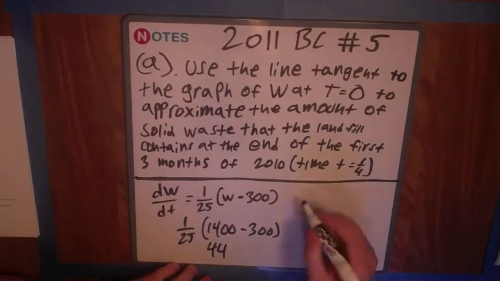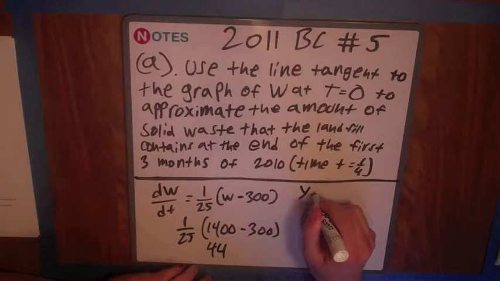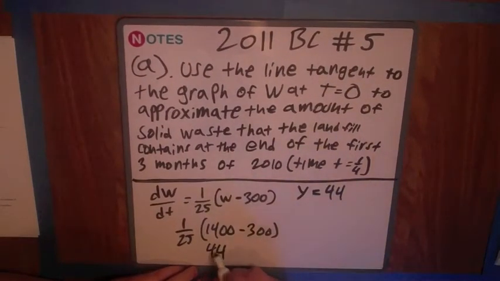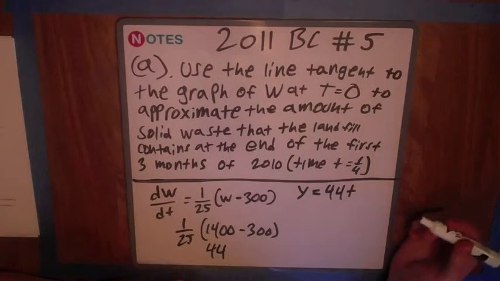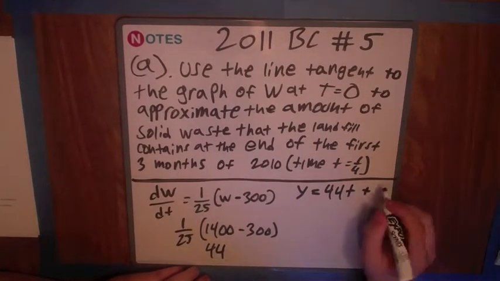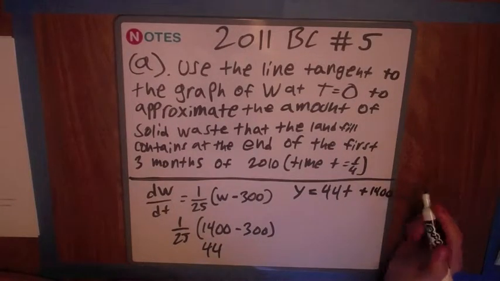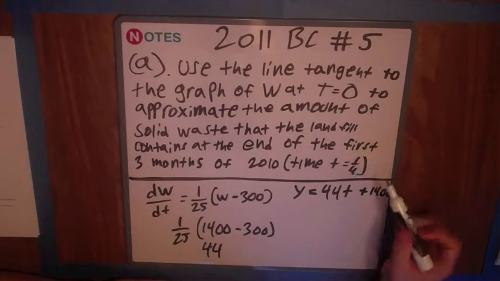So our tangent line equation is y equals 44, the slope that we just solved for, times t, plus our initial condition, which is 1,400. Then, from there, we want to solve for when t equals 1/4.